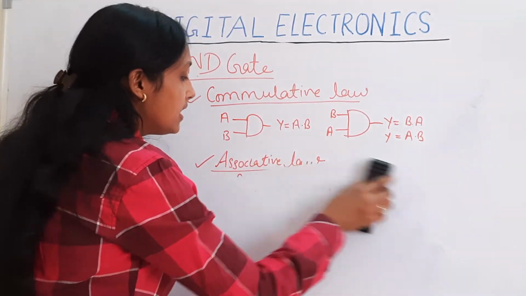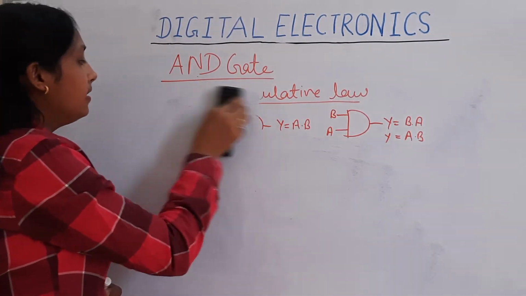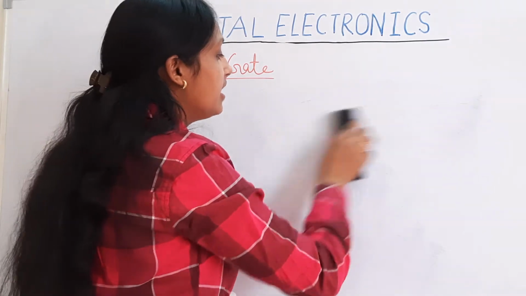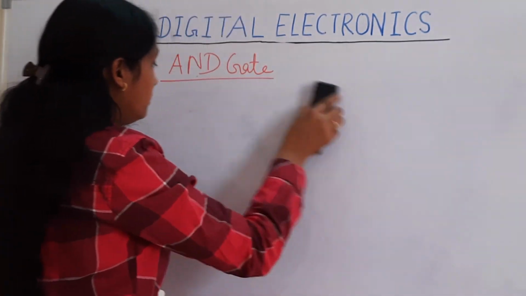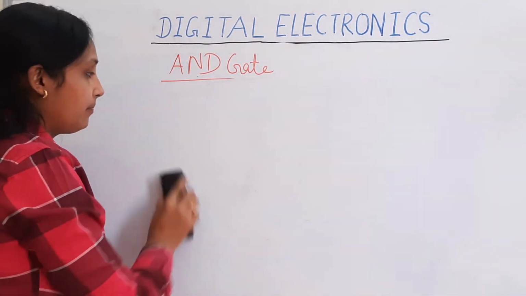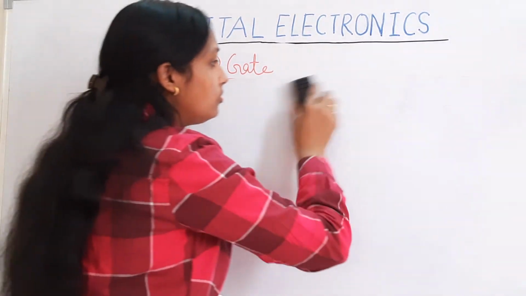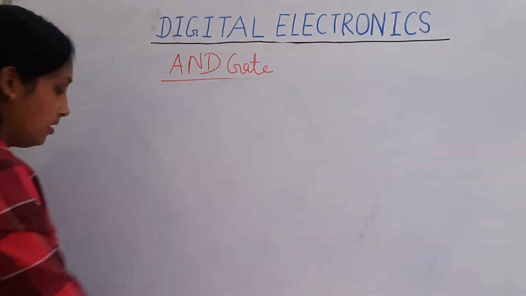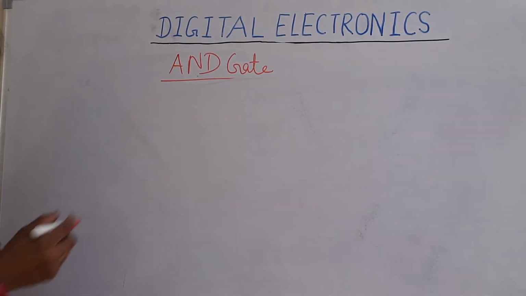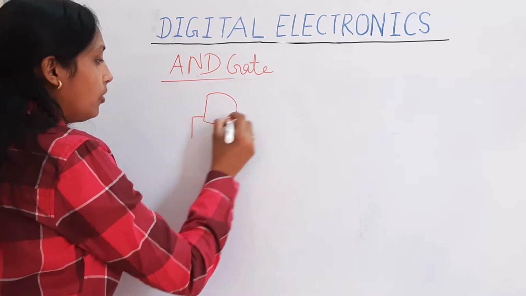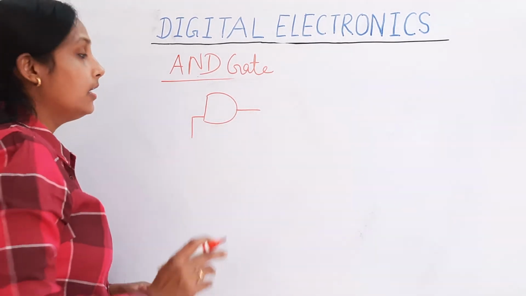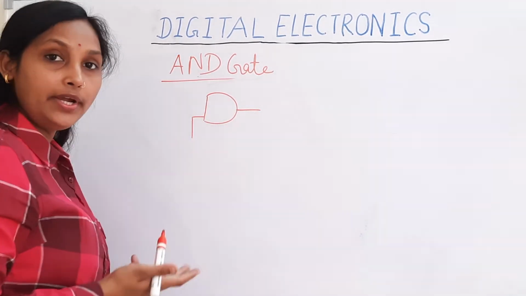Now the next property of the AND gate is enable and disable: when the AND gate is enabled and when it is disabled. To see this property, we take one AND gate with two inputs.